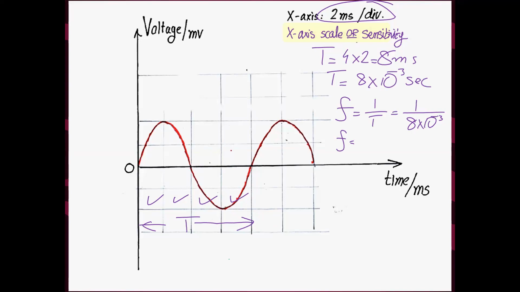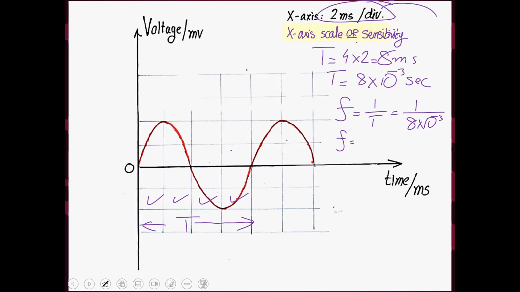Sorry, how is the x-axis 2 millisecond per division? Sorry, can you repeat the question? The x-axis is 2 milliseconds per division. Count the boxes for time period. Time period is one cycle. Count the boxes for one cycle. There are four boxes.